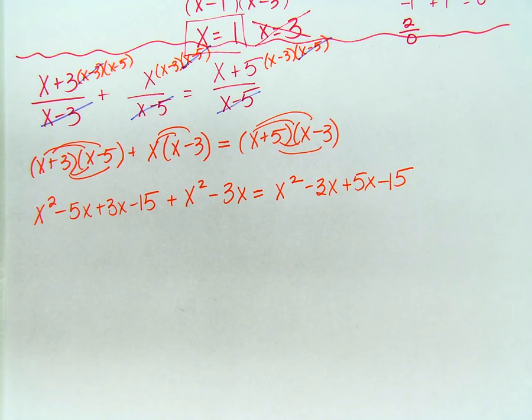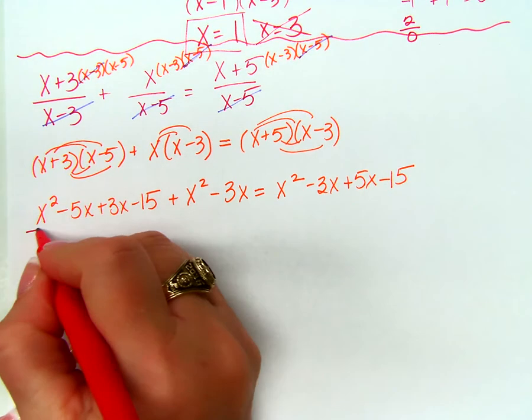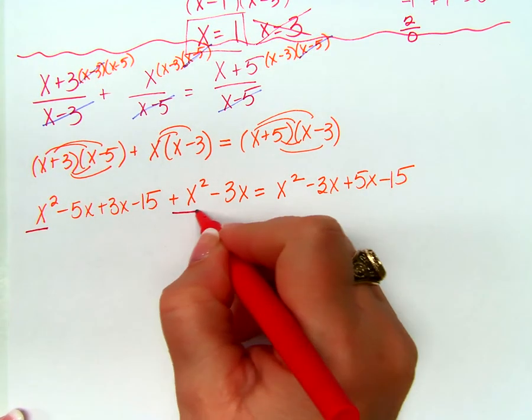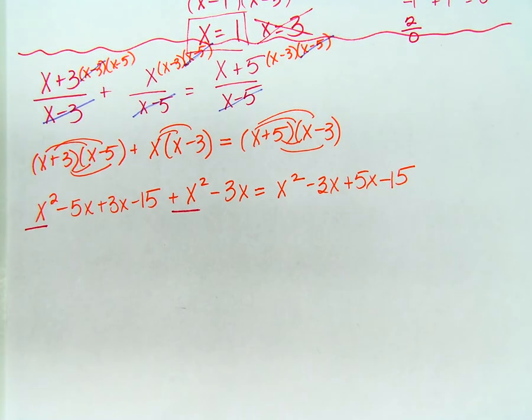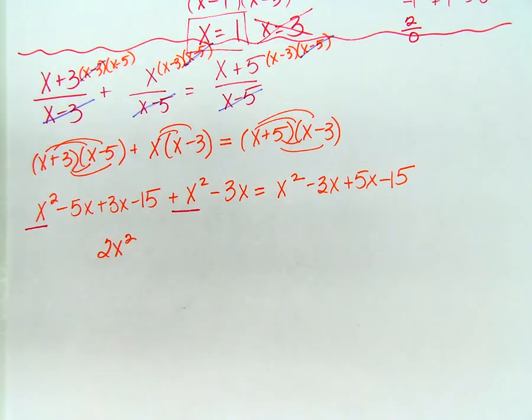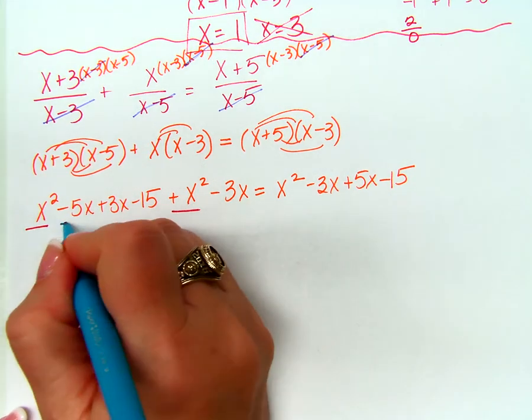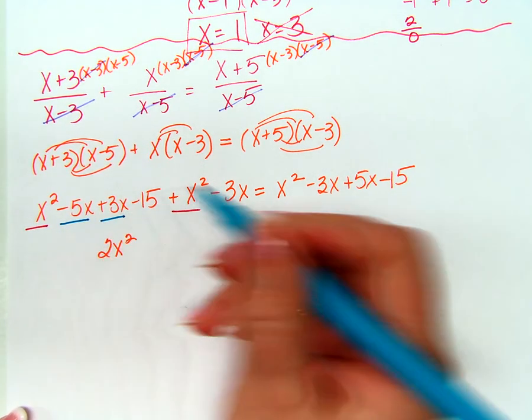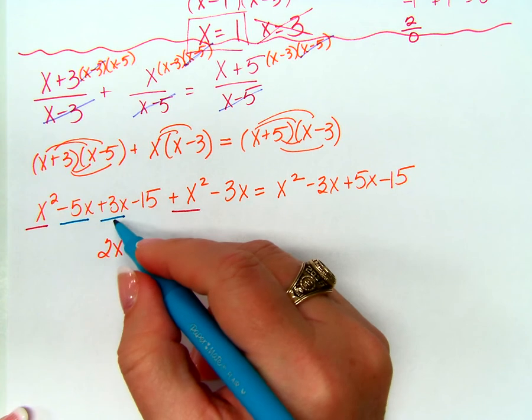Now this is still probably stuff we can do in our sleep, right? Okay, so let's combine our like terms. I've got an x squared, which gives me 2x squared. I've got a negative 5x, a 3x, which gives me negative 2x, right?